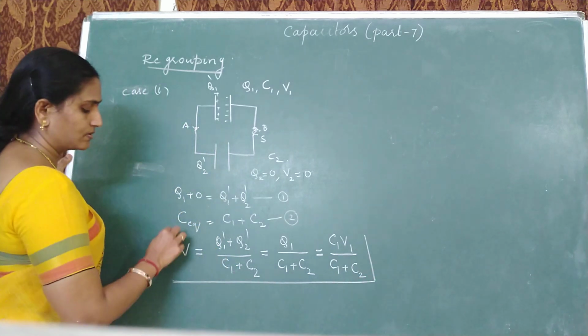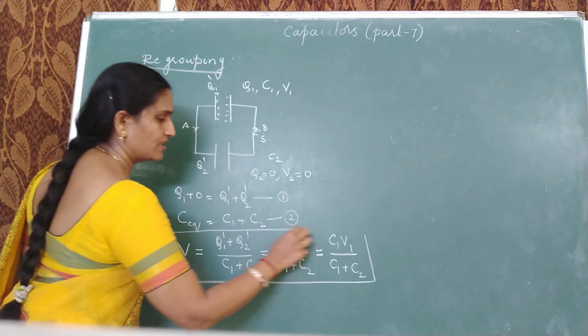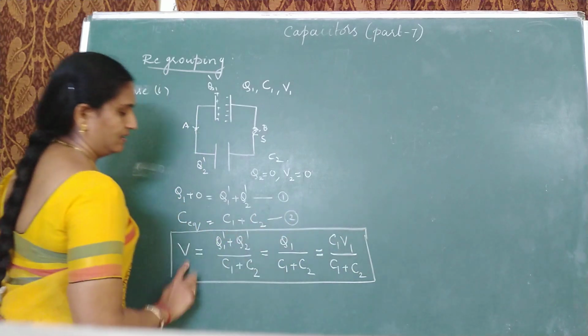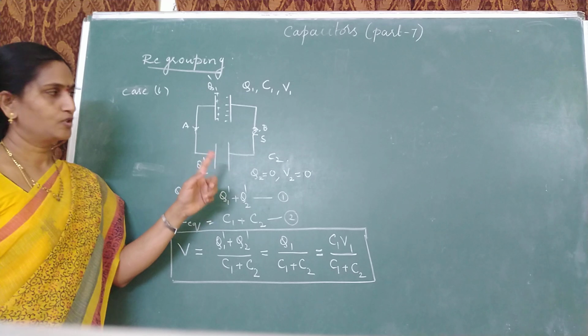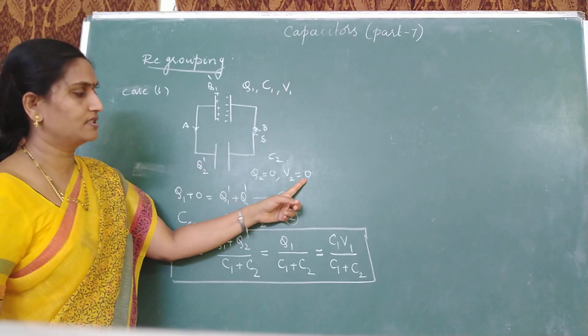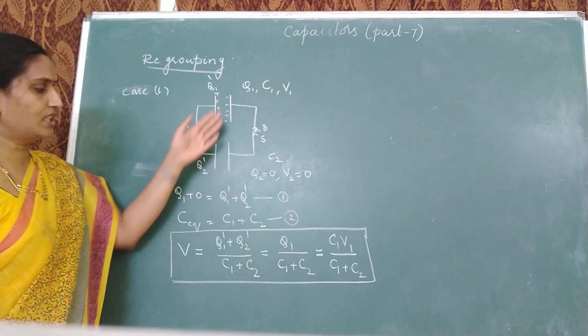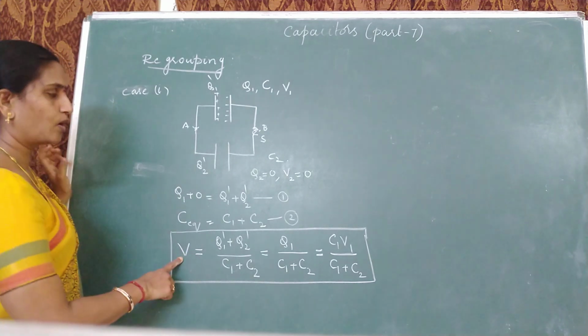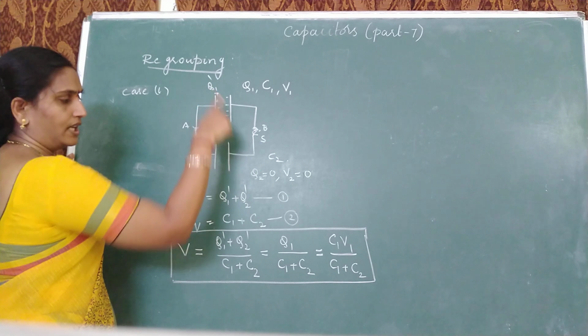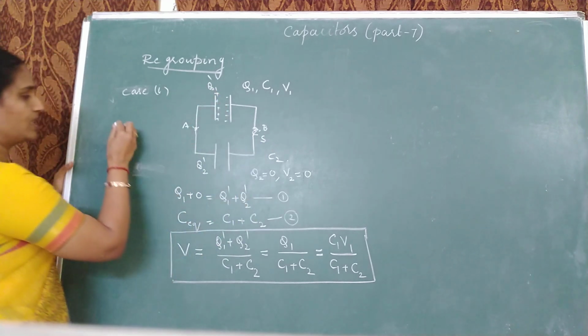So this gives you the common potential for the two capacitors after you connect them. Before connecting, potentials were V1 and 0, but after connecting, both the capacitors will reach a common potential, that is V. Once you know the common potential, it's easy to find Q1 dash and Q2 dash. What will be Q1 dash?